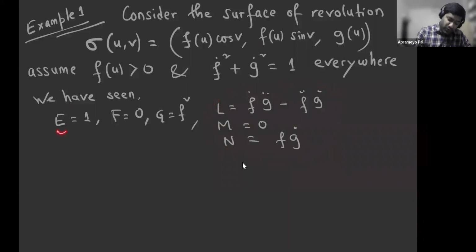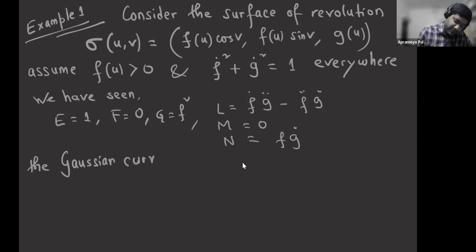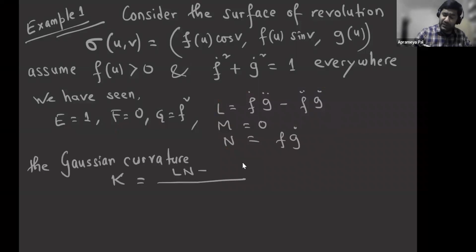But once we have all these 6 coefficients, now we can compute the Gaussian curvature, right? So the Gaussian curvature K, what was the formula? The ratio of the determinants of the two matrices: LN minus M square by EG minus F square.